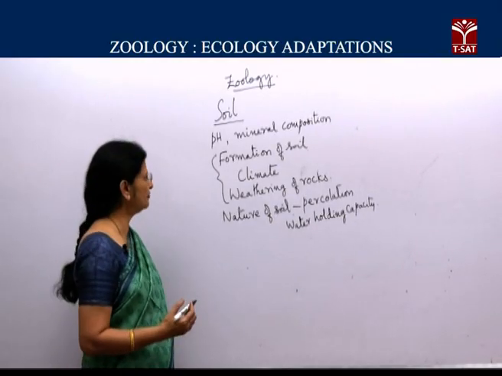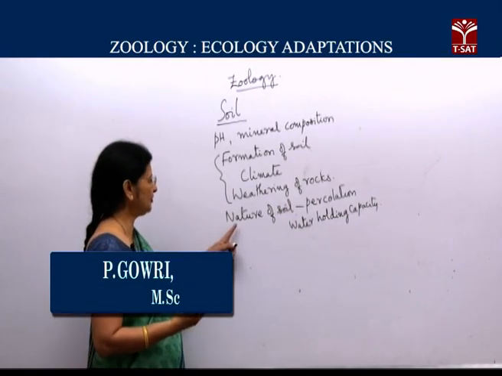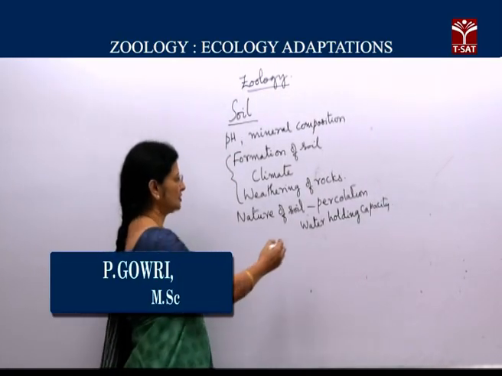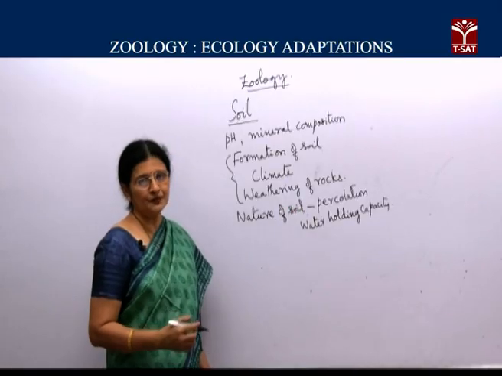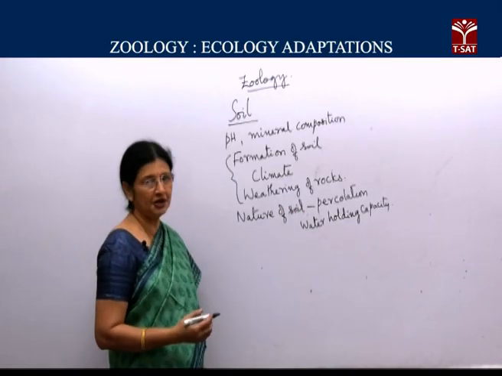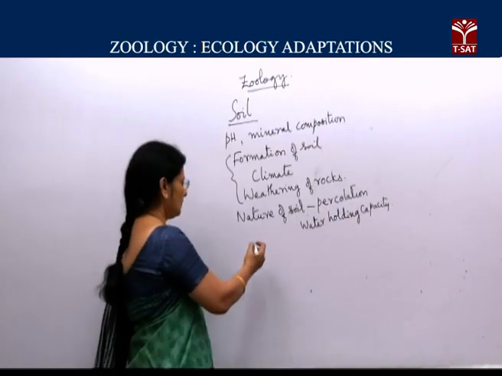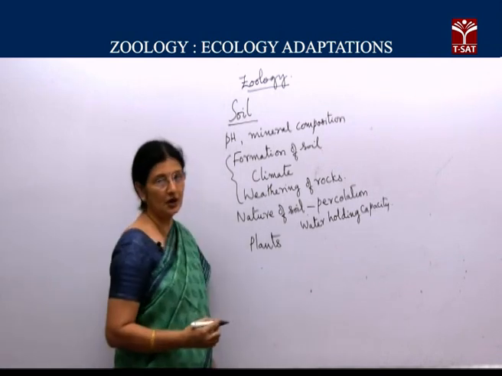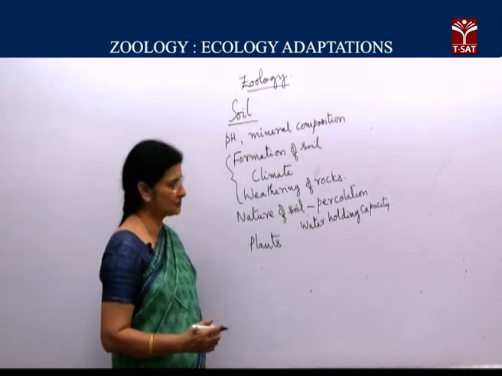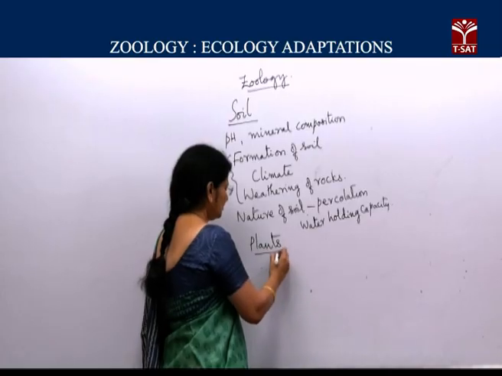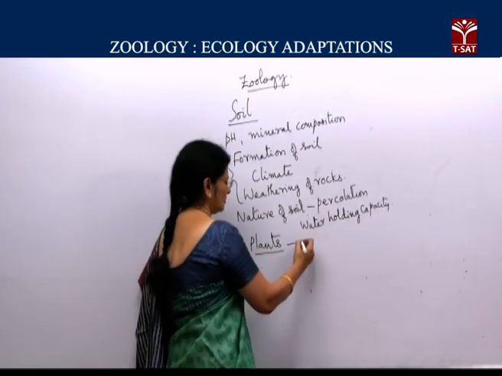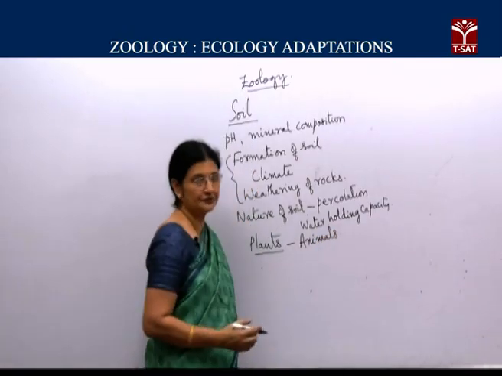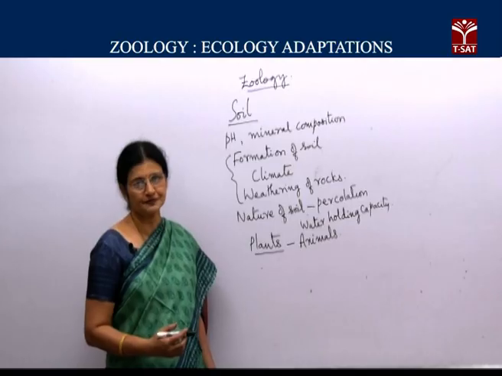Nature of soil means their pH and mineral composition. They are responsible for percolation, water holding capacity. So, plants growing in this soil are different in different places, and according to the nature of vegetation, animals also differ in different types of soils.